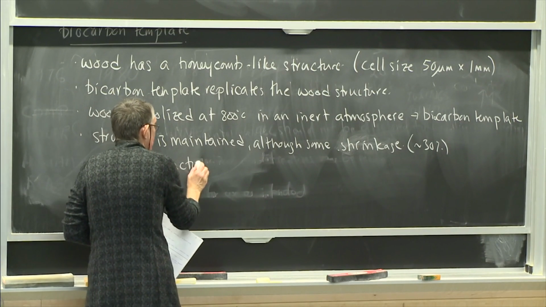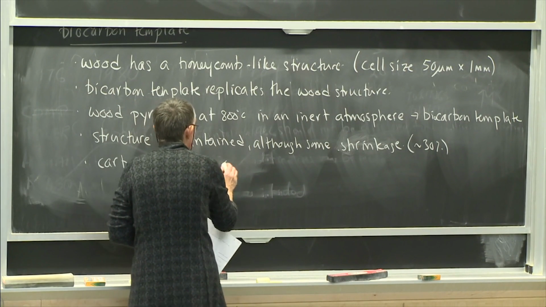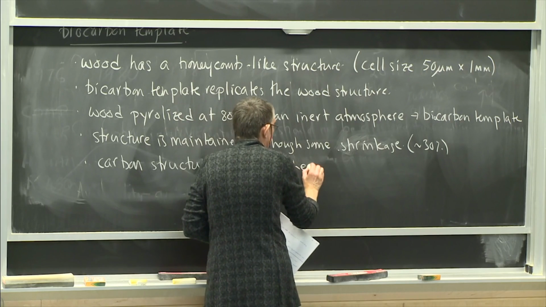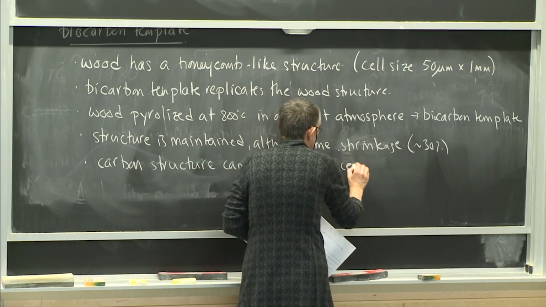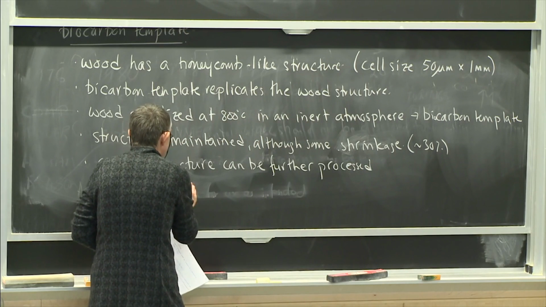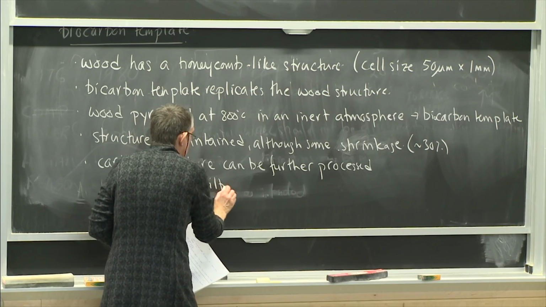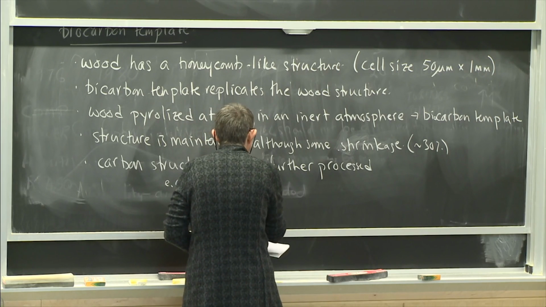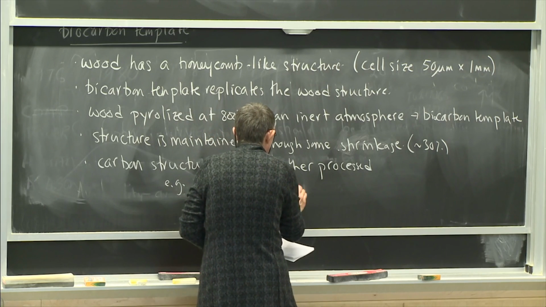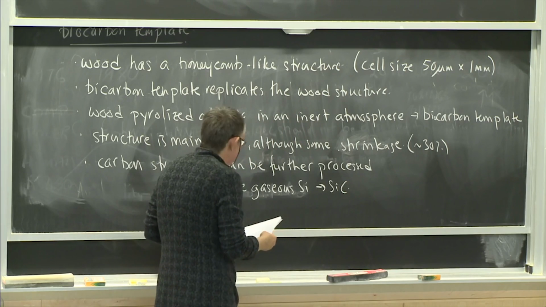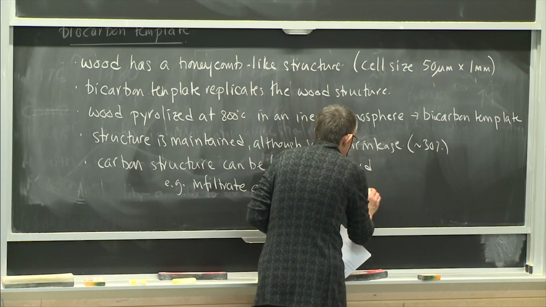And then this carbon structure can be further processed. For example, you can infiltrate it with gaseous silicon and end up with a silicon carbide wood replica.